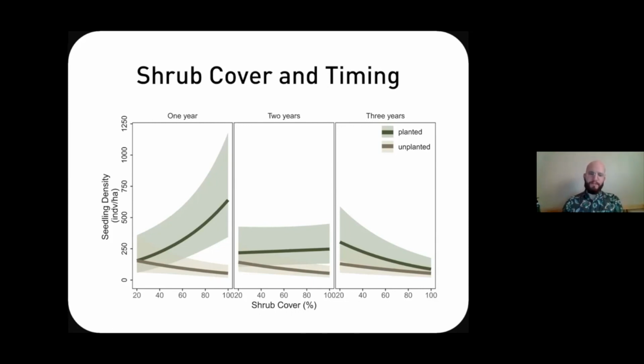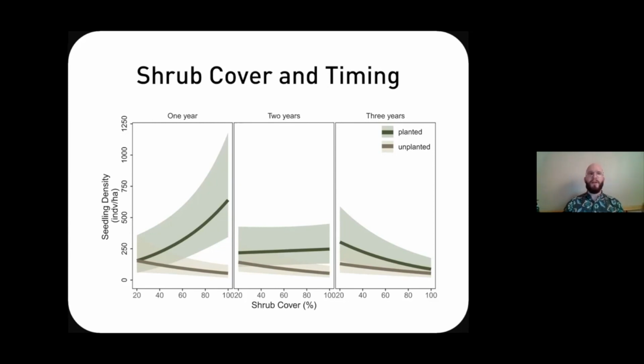We think that this has to do with getting a head start in productive places. In those areas where shrub cover is high, those are likely places that are lower stress and have more resources and support higher rates of growth. And so shrubs can likely grow quicker and overtop trees and suppress their growth in those areas.